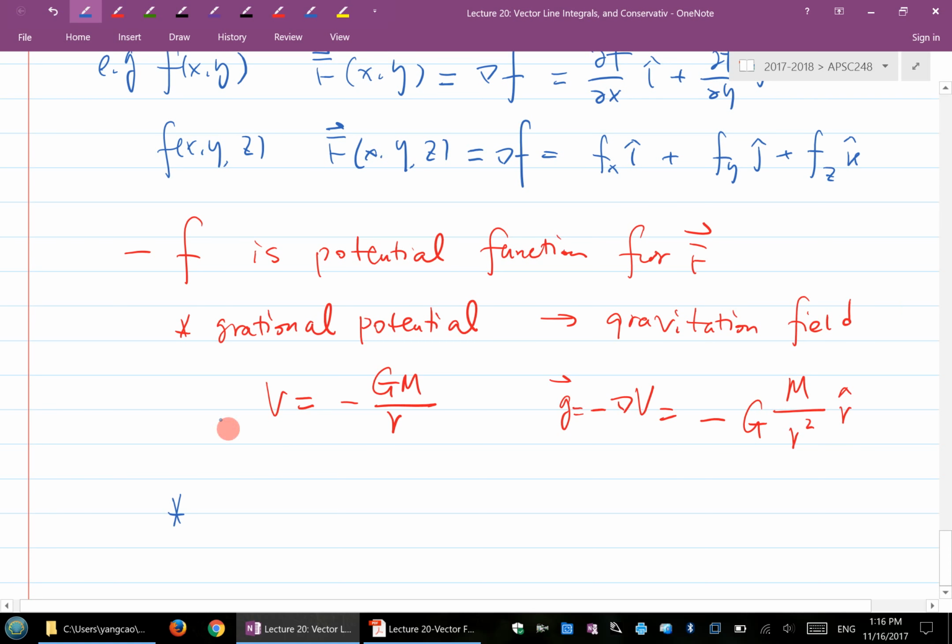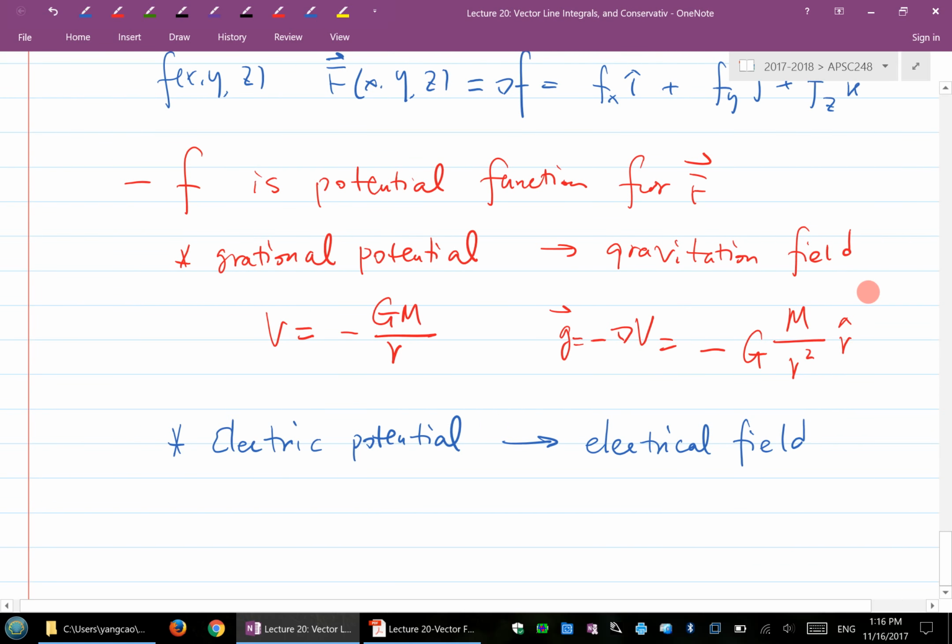Similarly, you can have an electric potential, and if you take the gradient of the electric potential, you will get the electrical field.